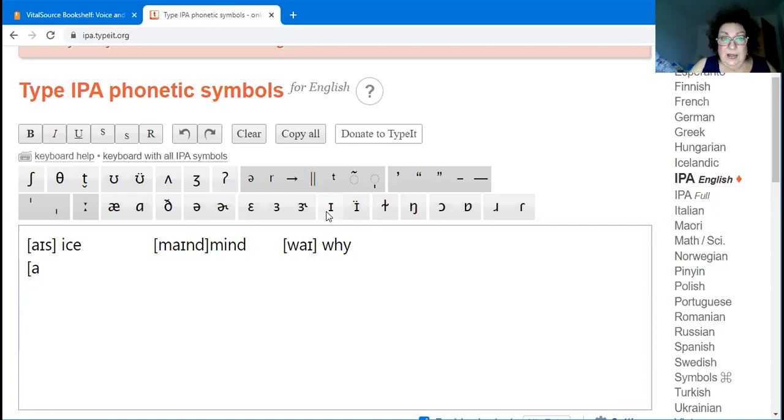So I have I'll. Now, if I wanted to write I'll, it would be I, schwa, l. And that's the difference there. And then we have right, and then we have try, not try.